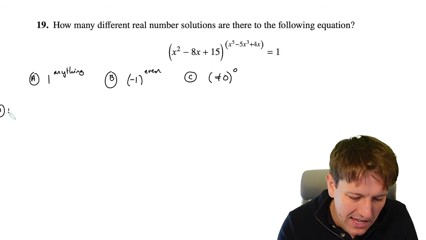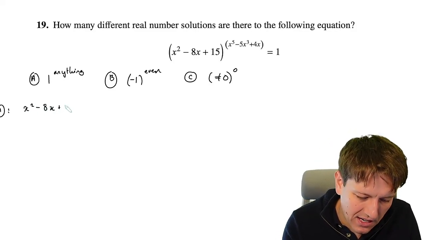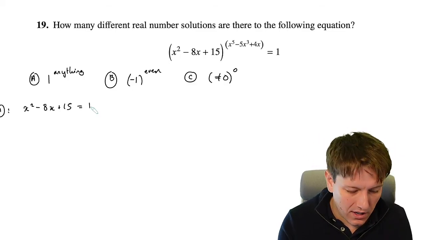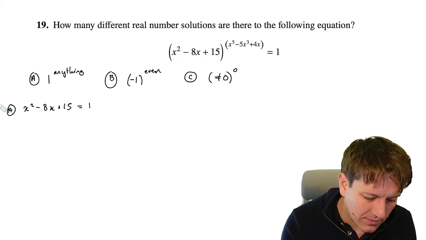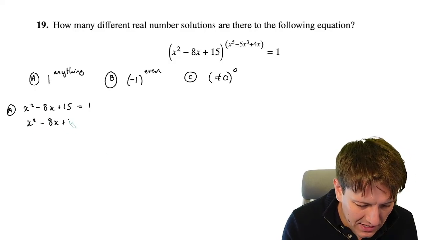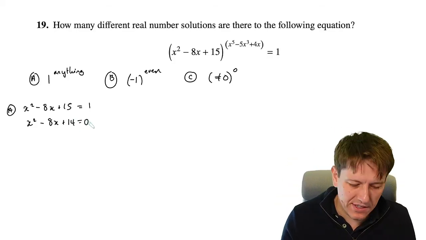So in case A, I need x squared minus 8x plus 15 to be equal to 1. So to get that to work, I just solve this equation, then x squared minus 8x plus 14 equals 0. And I don't really need to solve it properly at this point.